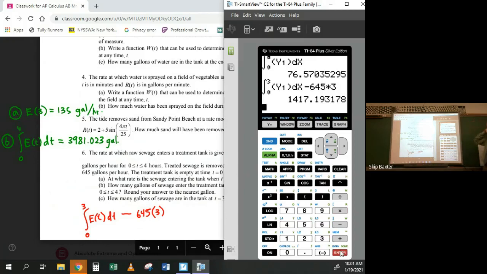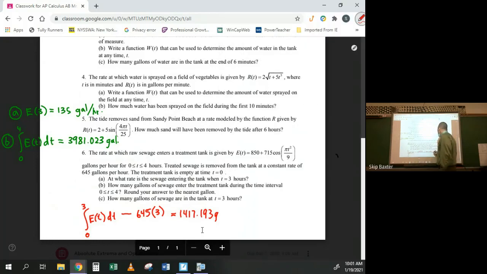So that's how many gallons are in the tank at t equals 3. 1417.193. That makes sense?